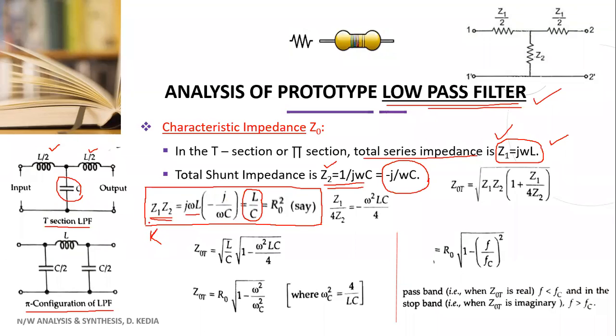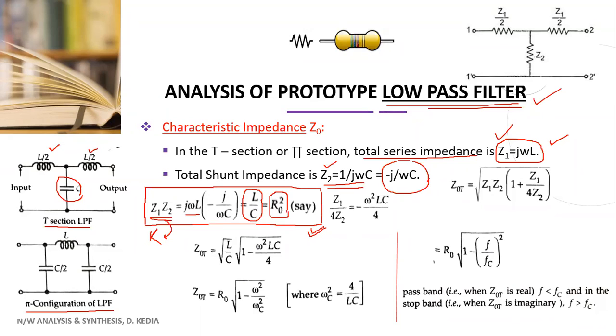It means this Z1 into Z2 is some constant K, and that we equate to the design impedance, that is your R square. So for the case of the prototype low pass filter, Z1 into Z2 is equal to L by C equal to R naught square. This equation you have to memorize for your prototype low pass filter.